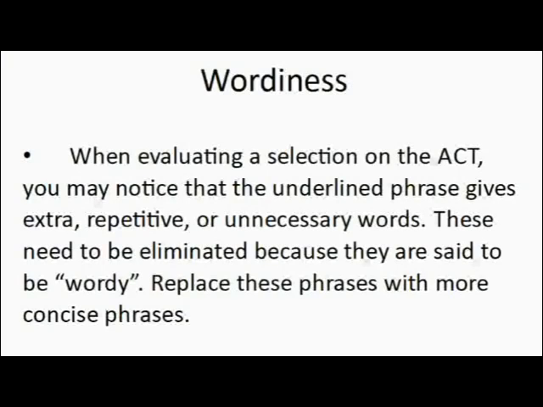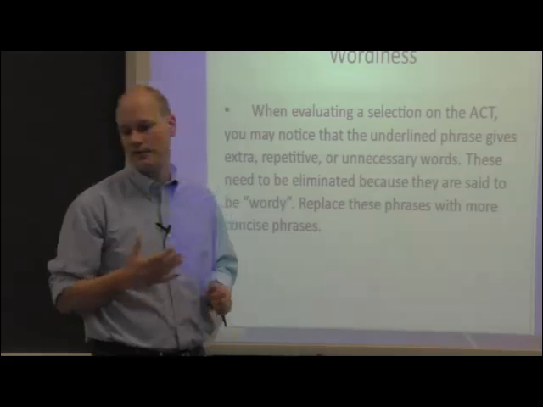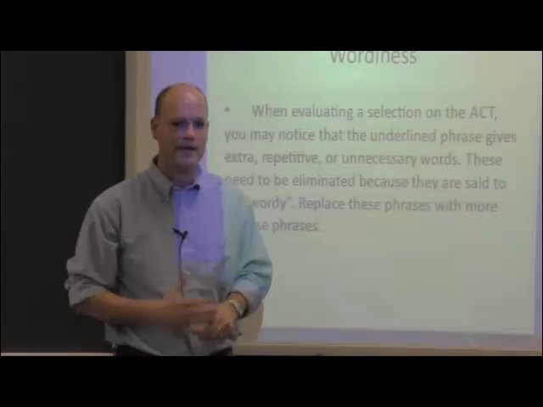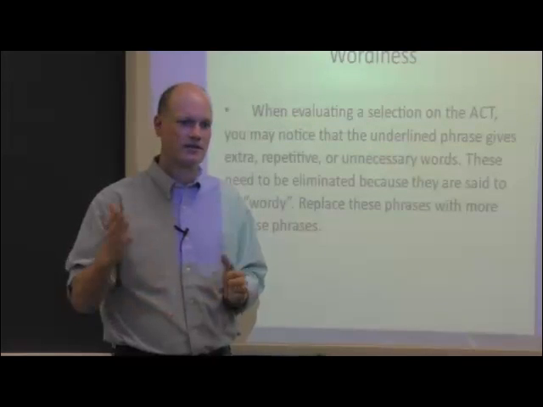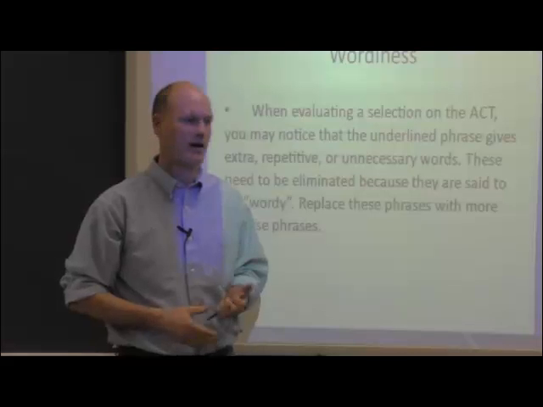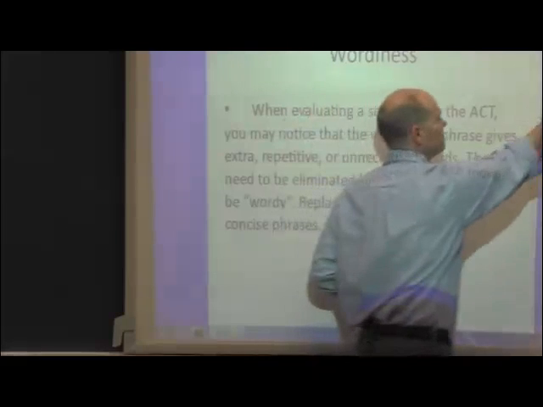These need to be eliminated because they're said to be wordy. You want to replace these phrases with more concise phrases. Per question, if you have the same thing stated twice within that sentence, it's redundant. Get rid of it.